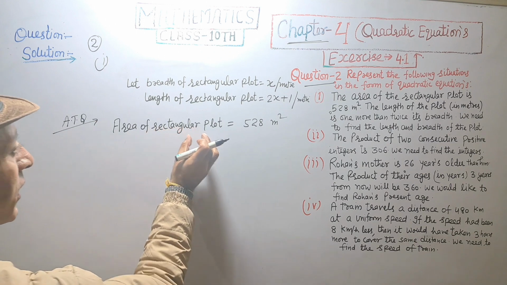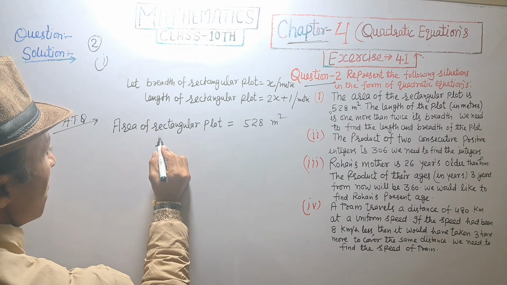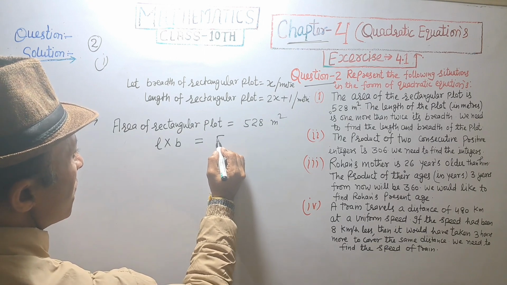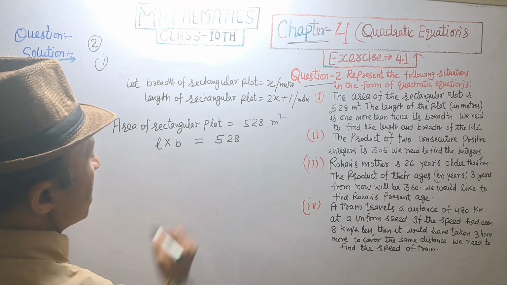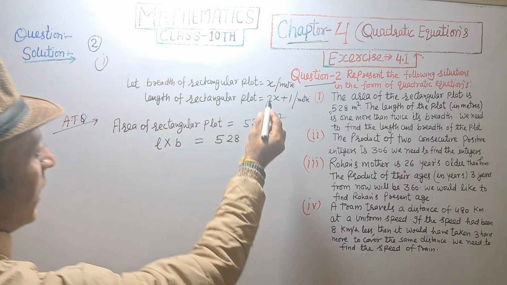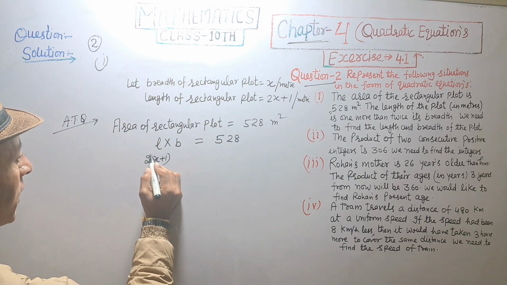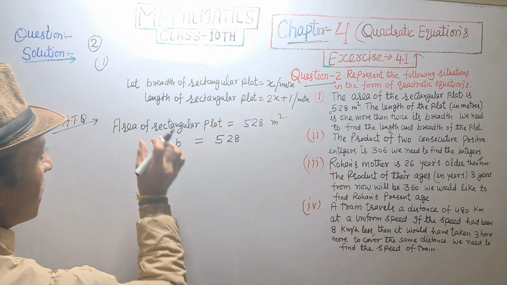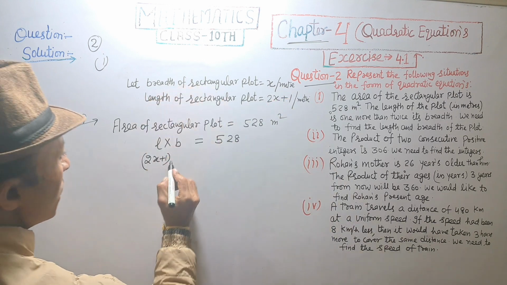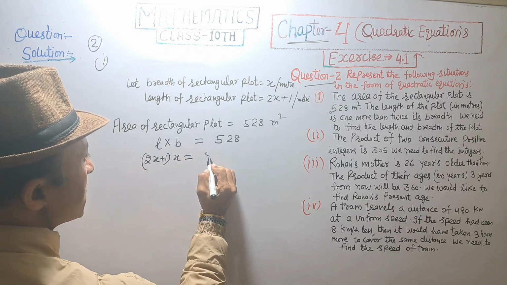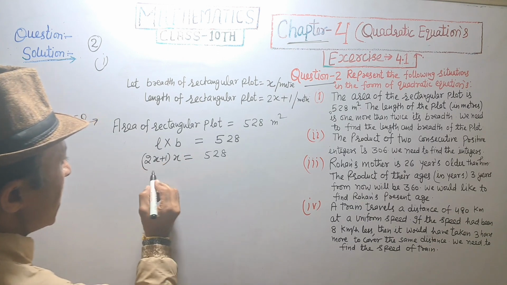Area of a rectangle is equal to length into breadth, that is equal to 528. The length is 2x plus 1 and the breadth of the rectangular plot is x. Length into breadth is equal to 528.